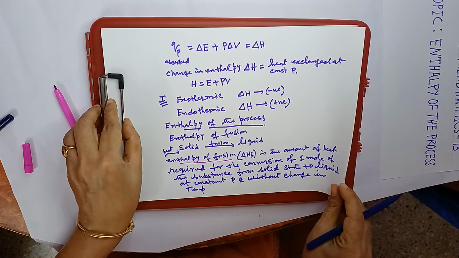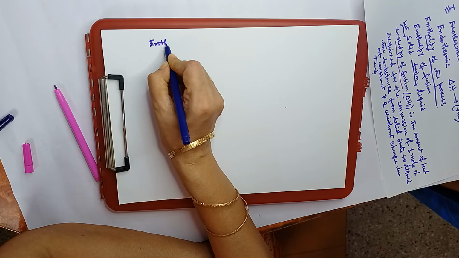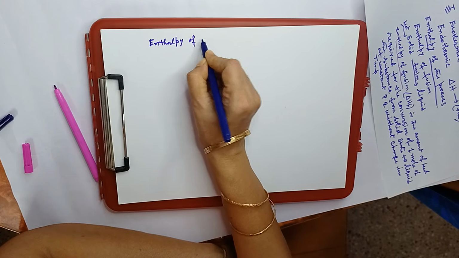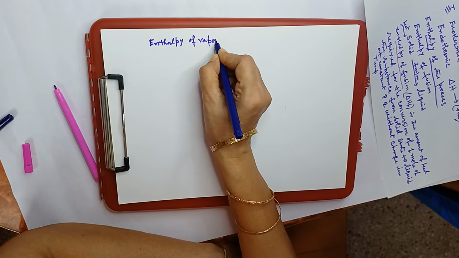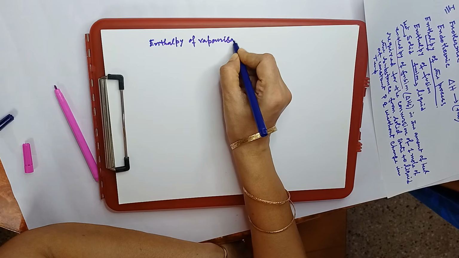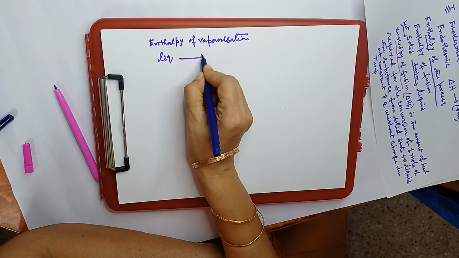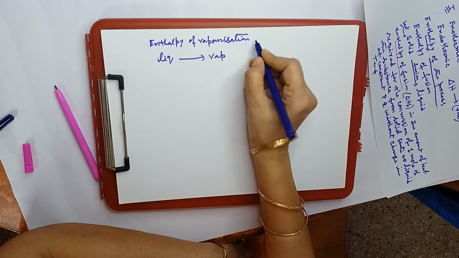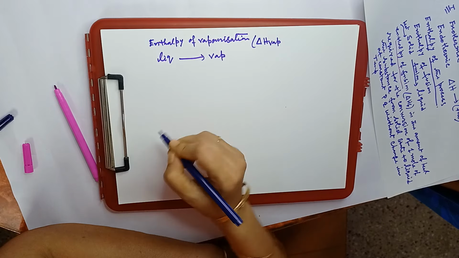Okay. Now coming to enthalpy of vaporization. This is enthalpy of fusion. Now what I am telling is enthalpy of vaporization. Vaporization means this liquid is converted to vapor, and this is known as the enthalpy of vaporization, that is delta H vaporization.